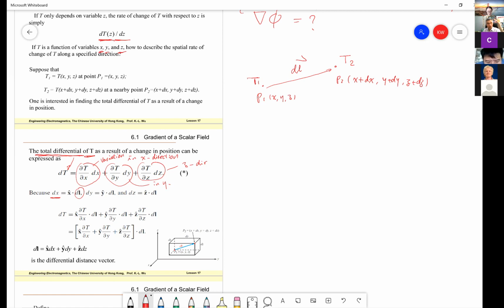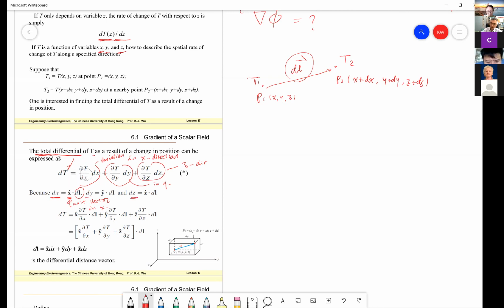It has a projection on the x-axis, which means the dot product with a unit vector in x, and a unit vector in y, because this differential length dl has an arbitrary direction. Then we have a projection on dx, dy, and dz.